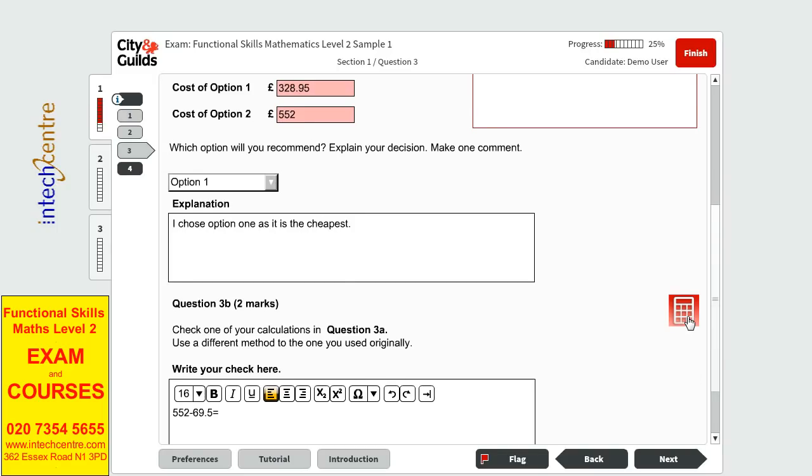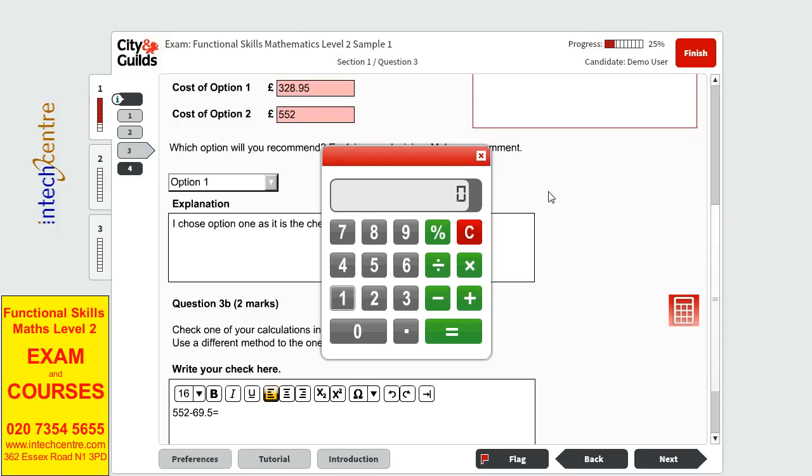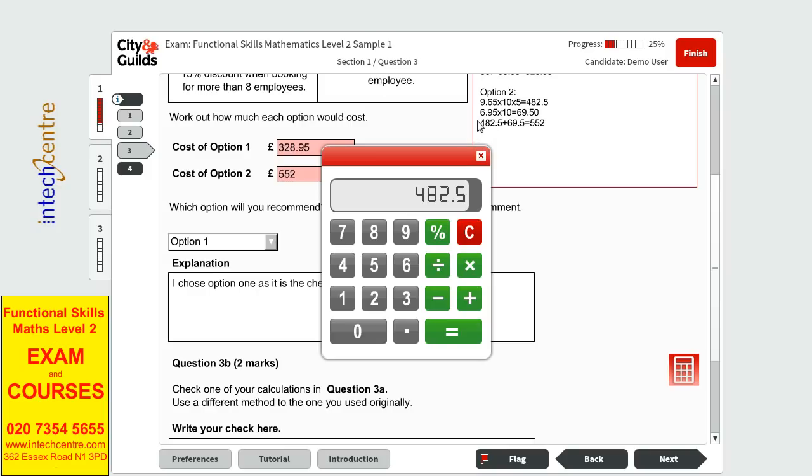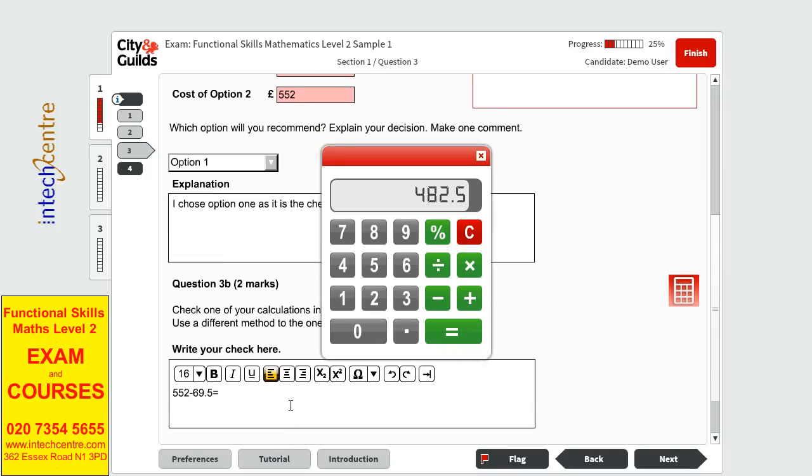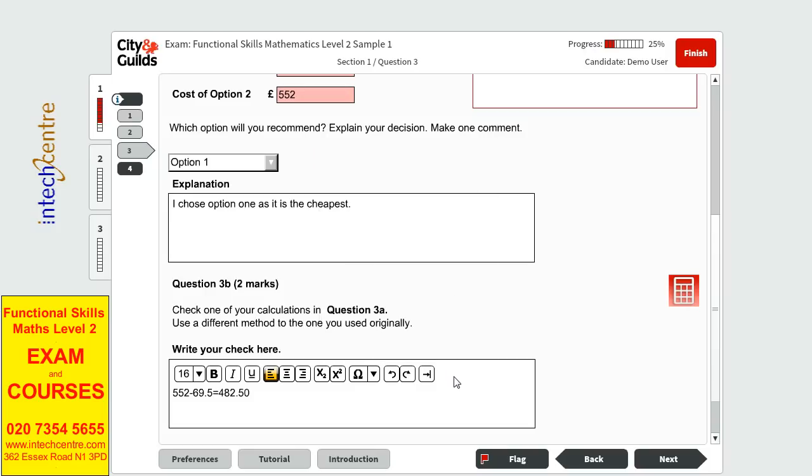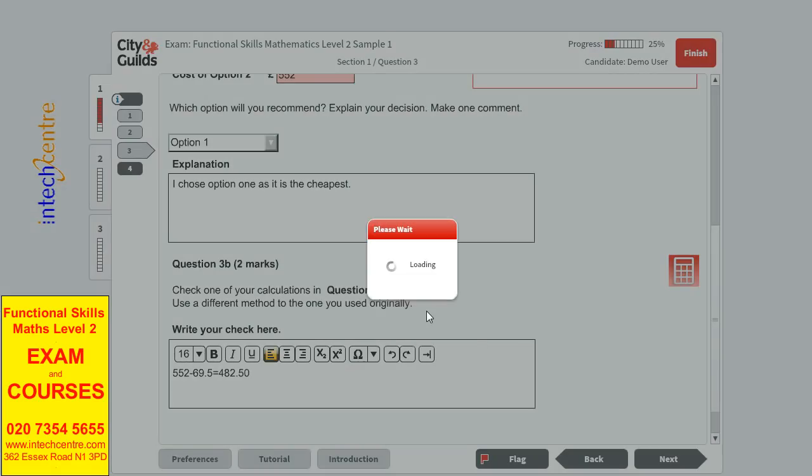Let's use the calculator and check our answer, as sometimes there can be calculation errors. Minus 69.5, we have 482.5 as we can see here as well. So that's what we are going to put here, 482.50. And this is our final answer for the check of calculation.